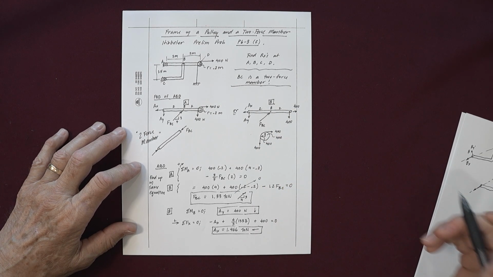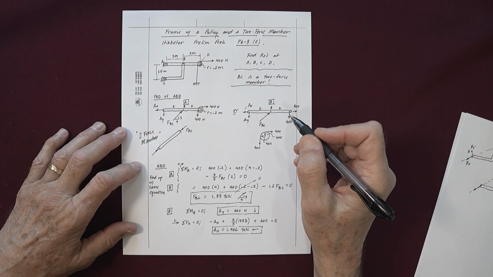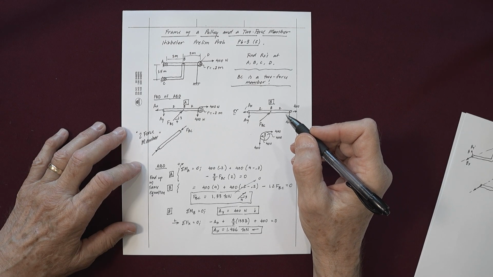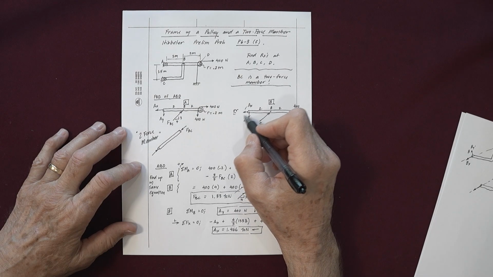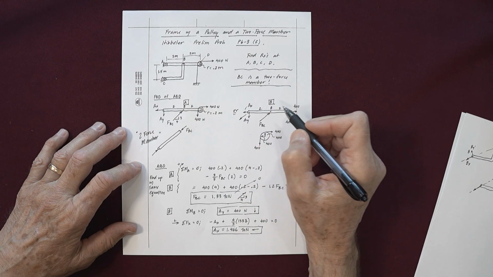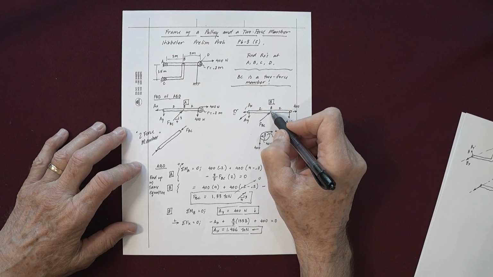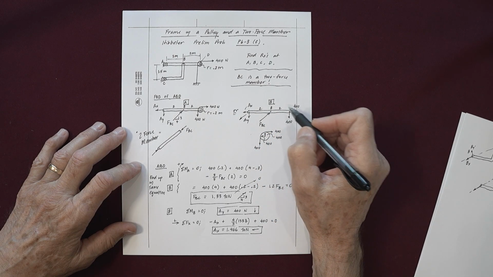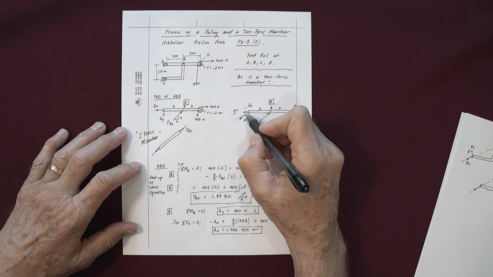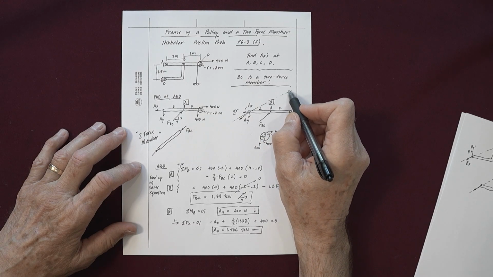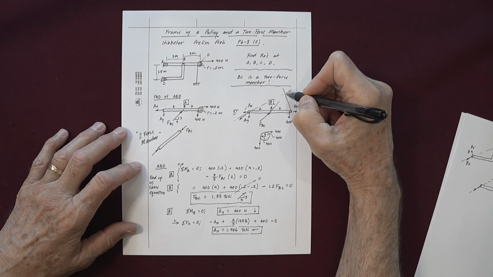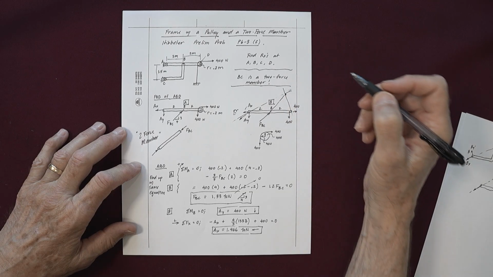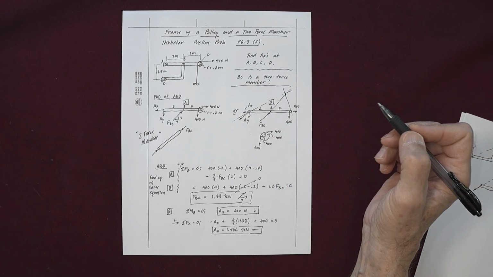And so if you look at him, this A resolves into an FA. You've got FBC, and then you get these forces. And actually, these are going to intersect somewhere. This is a three-force member.